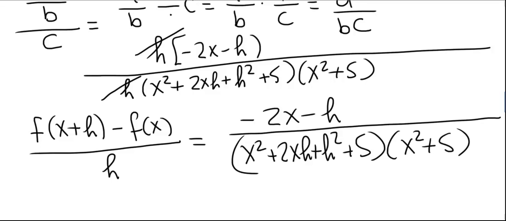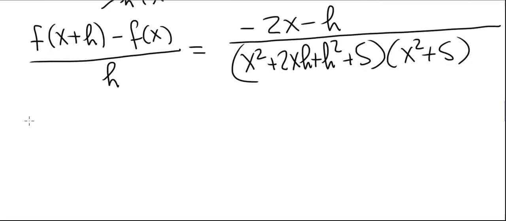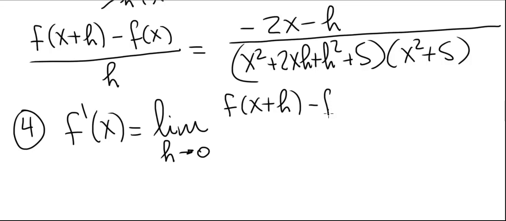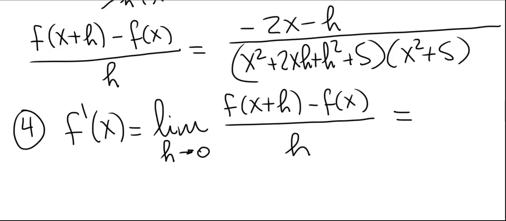That would be step number 4, the final step in this process. Step number 4, we compute f prime of x by taking the limit of the end of step 3. Let's rewrite that. That would be the limit as h goes to 0.